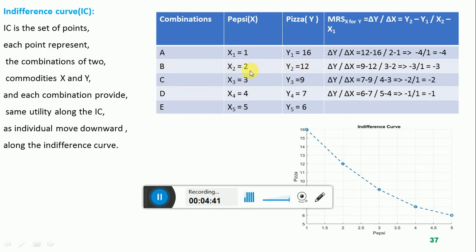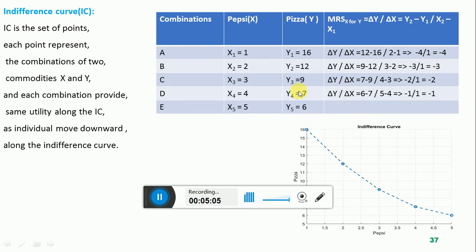Now, when the consumer switches from combination B to C to get 1 more Pepsi, the football player is giving up only 3 pizzas, not 4. So the rate of substitution was first 4 and second is 3.